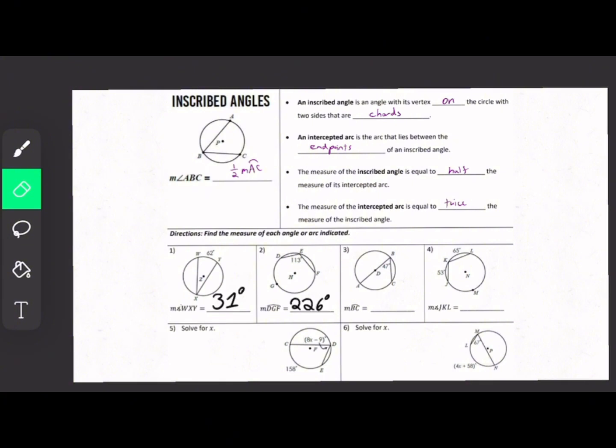So, you should have gotten 61 and 226. This is because 62 is the arc length, which means it's half of the angle. And since 113 is the angle and the angle is half of the arc, you need to multiply 113 by 2. Alright, do 3 and 4.